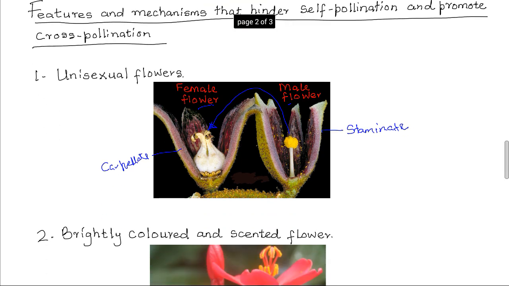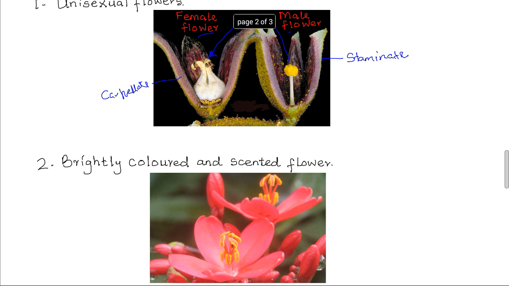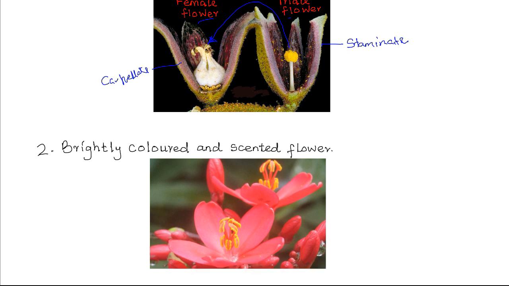Another feature is the presence of brightly colored and scented flowers. This attracts insects easily and also birds, which then may transfer pollen from one flower to the next in the course of their looking for and feeding on nectar.